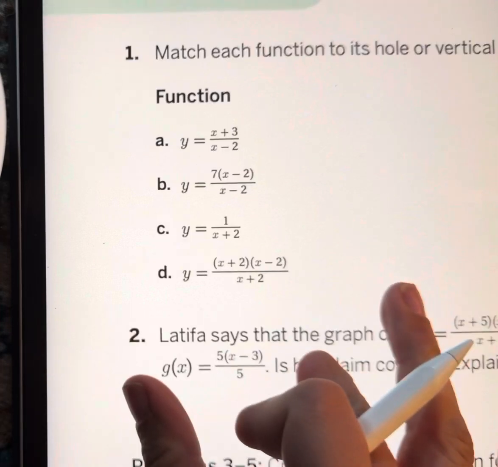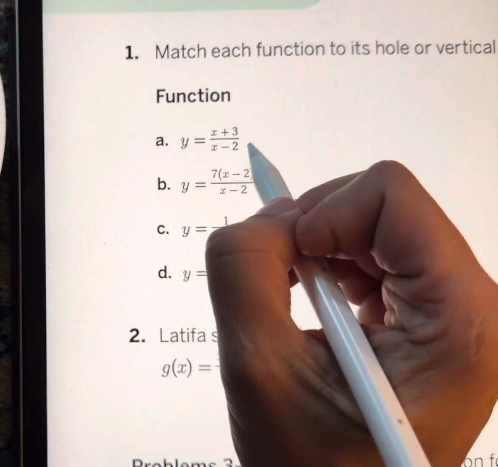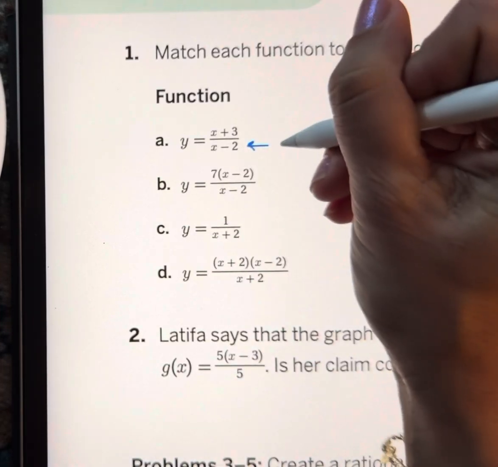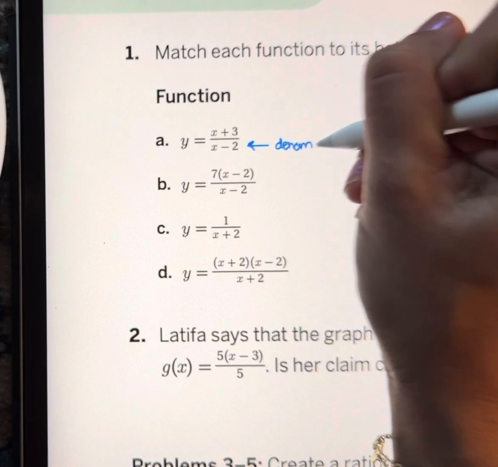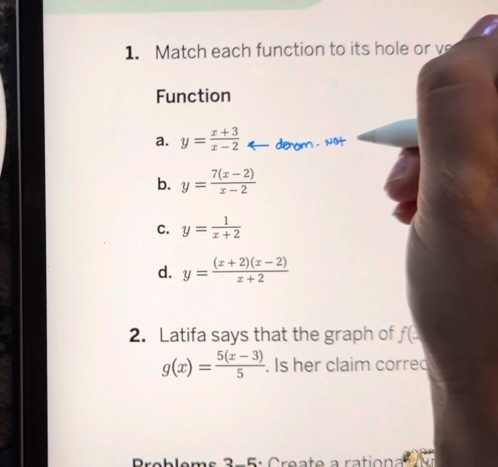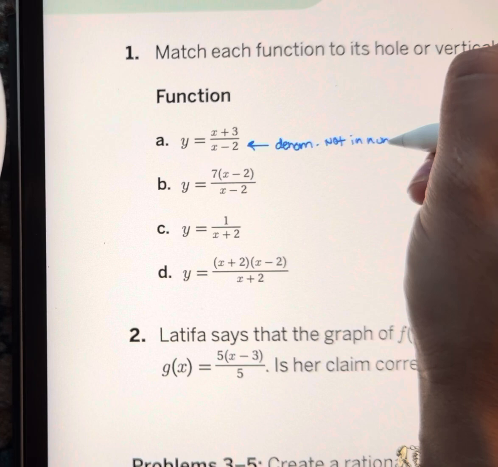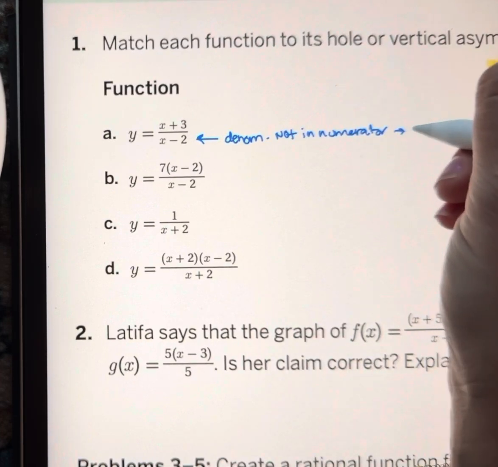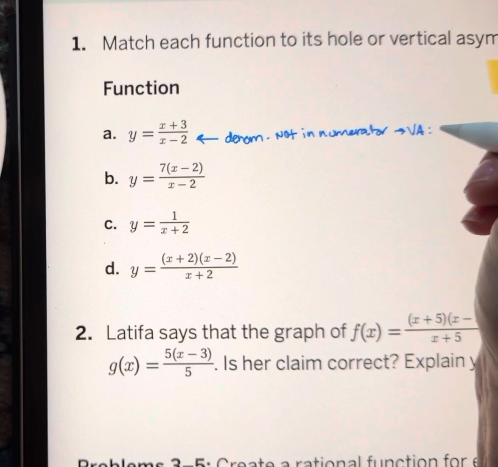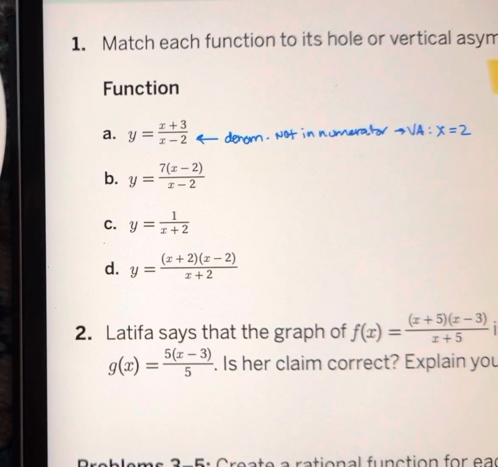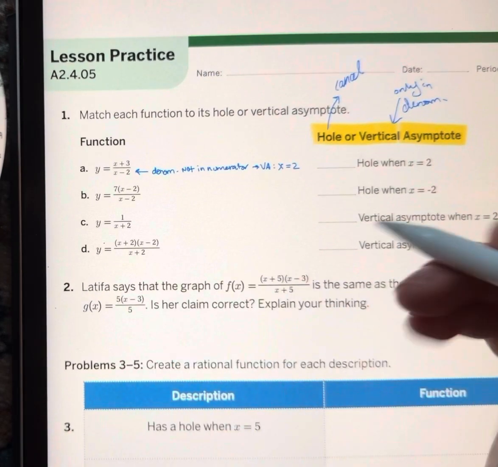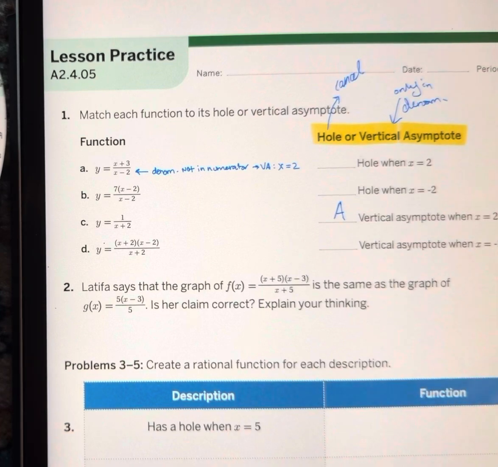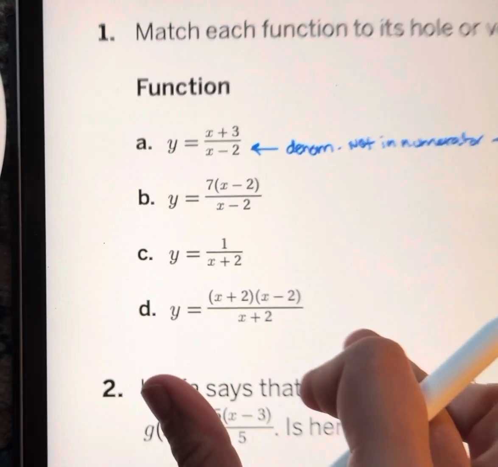So let's go look right here. Here I have an x minus 2 in the denominator. Not in numerator. That makes this a vertical asymptote at x equals 2. That one. Okay, then we look over here.